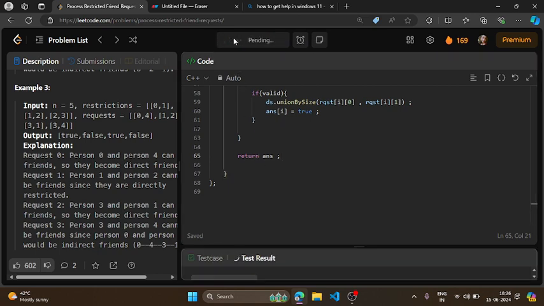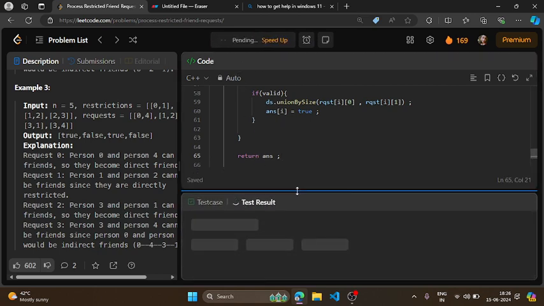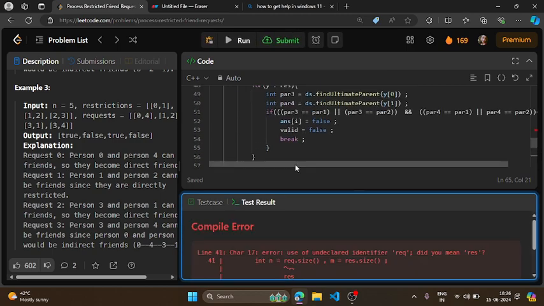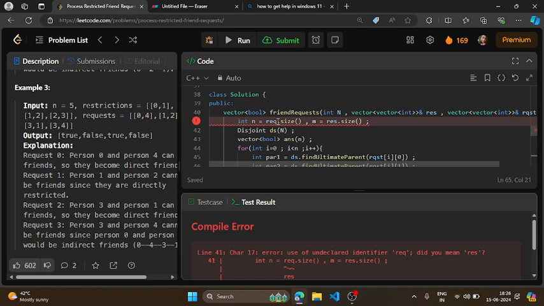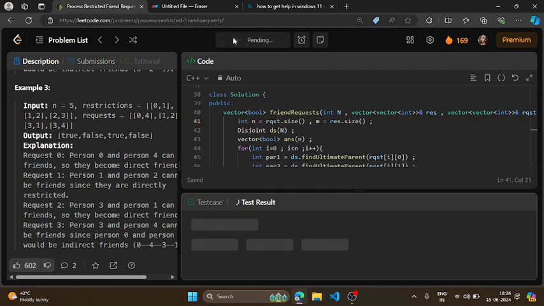Okay, now let's check if it's working fine.